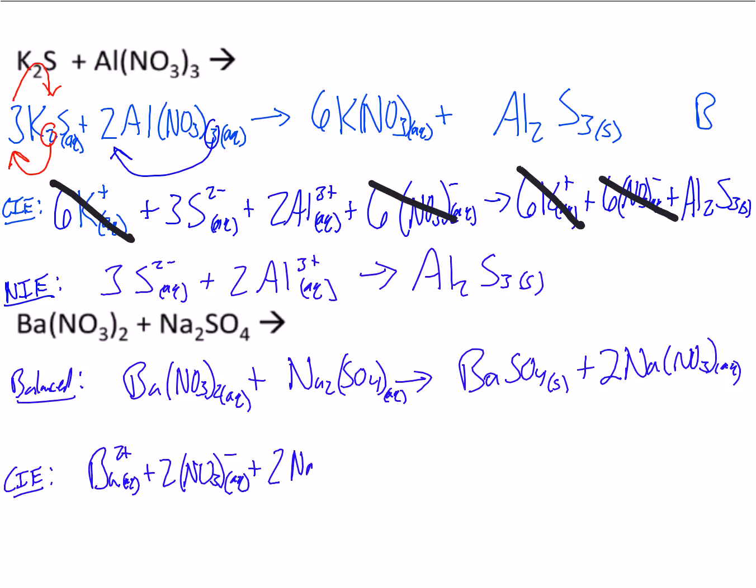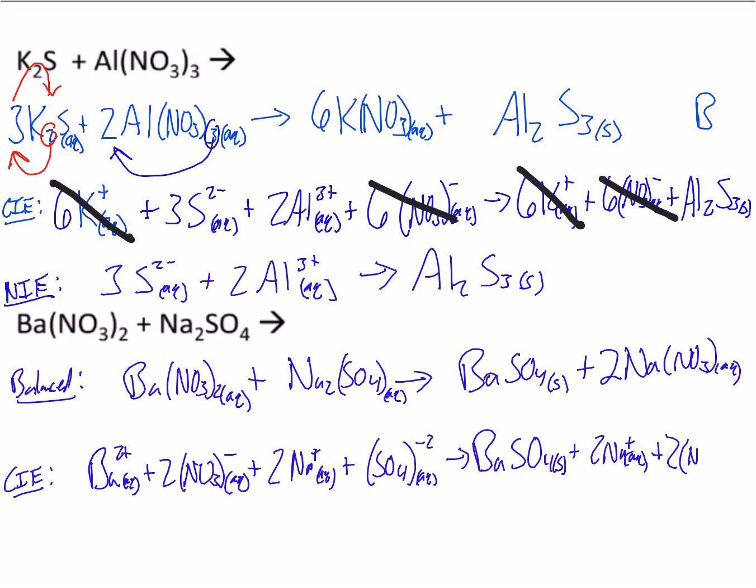Plus 2 Na+ aqueous plus sulfate yields barium sulfate, which is solid. We're going to keep that together. Plus 2 Na+ aqueous plus 2 nitrate aqueous.